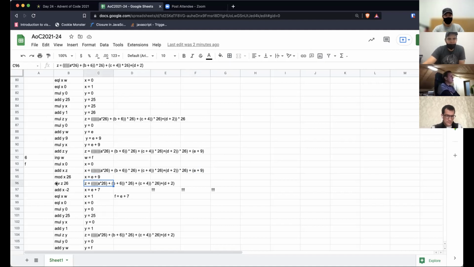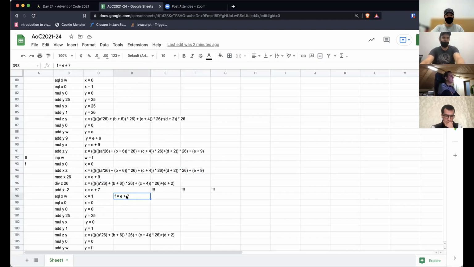And when I divide by 26, I'm pretty much just getting rid of that E plus 9. So it essentially becomes like a stack where you're adding things on and then popping them off. And every time you pop something off, you end up with an equation that gives you the relationship between 2 of the digits in your number.